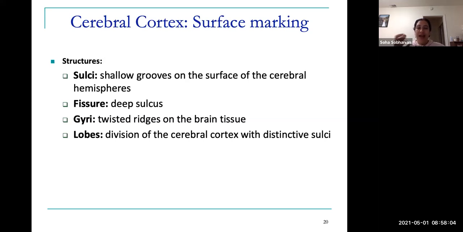The other thing we have is what we call lobes of the brain. If you recall, what were the main bones of the cranium that form the curvature of the skull?